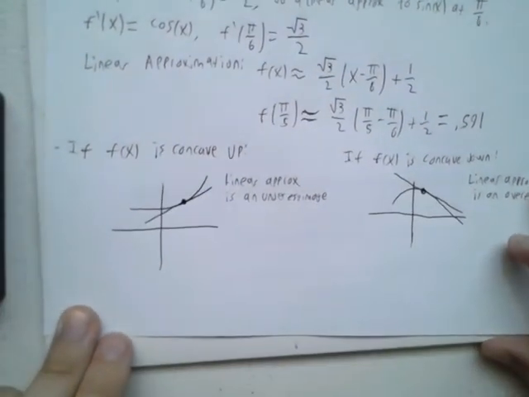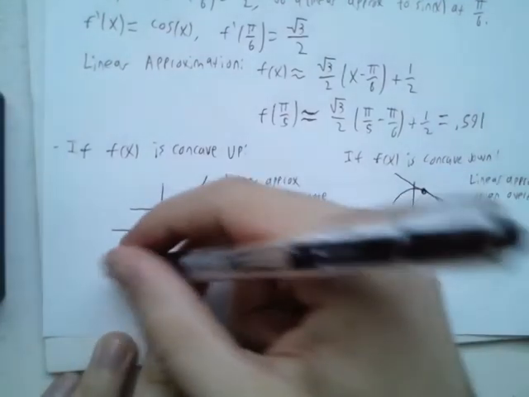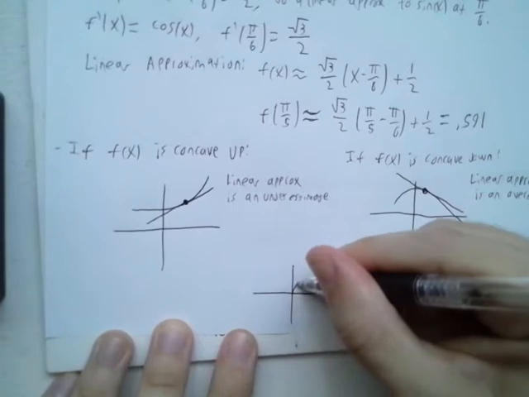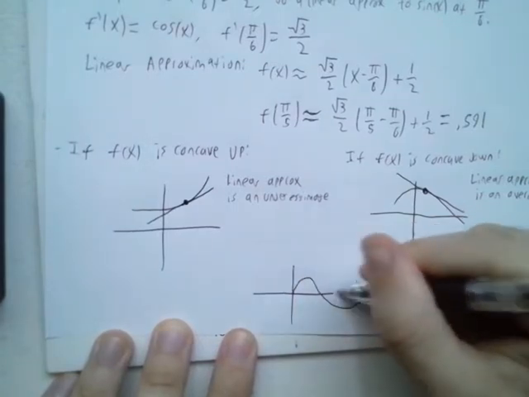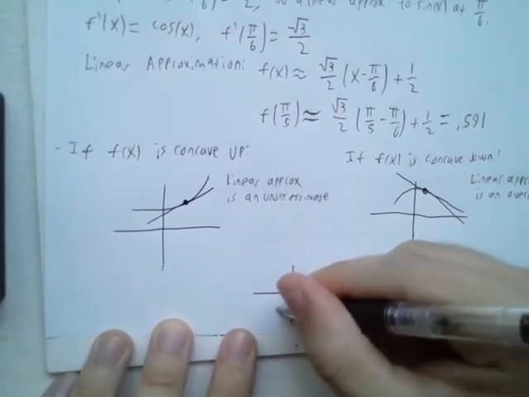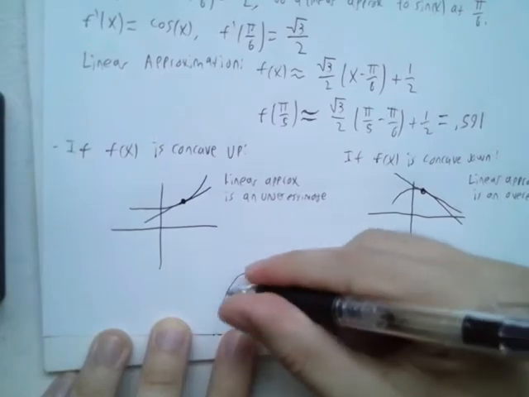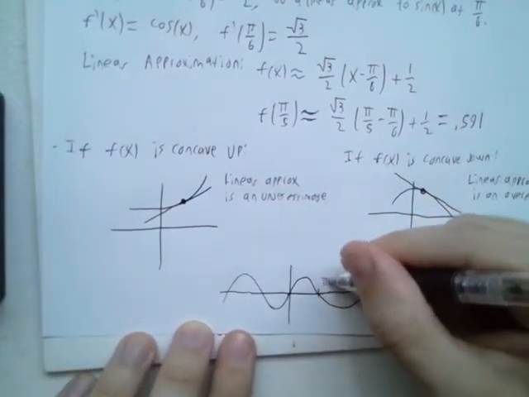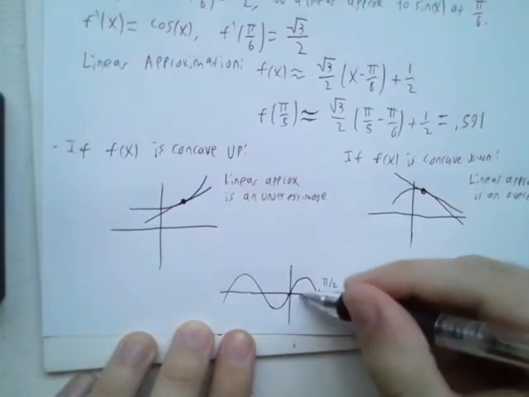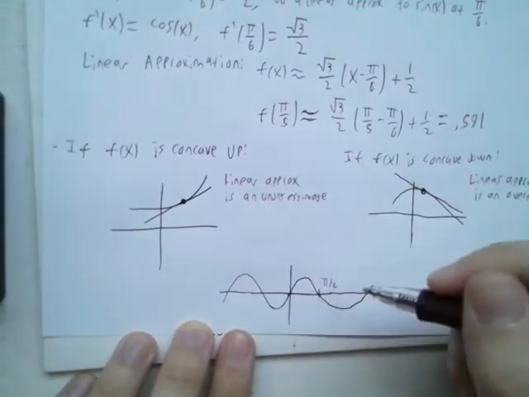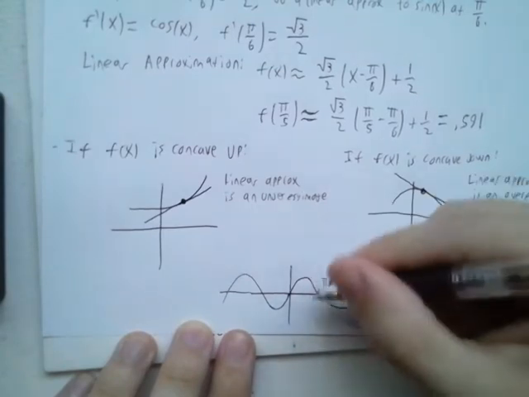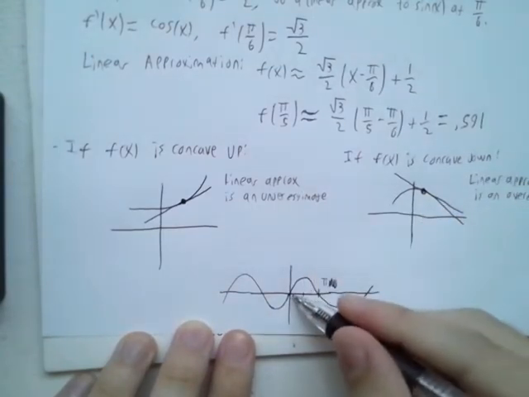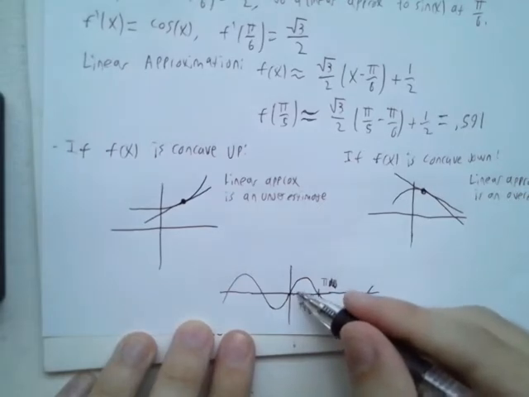So let's take a look at the sine function. I'm running out of room here, but the sine function, recall, looks something like this. This point here is pi divided by 2. So pi over 6 is somewhere in between these things. Sorry, that point is pi, not pi over 2. This point is pi over 2. So pi over 6 is somewhere in this small interval, as well as pi over 5.